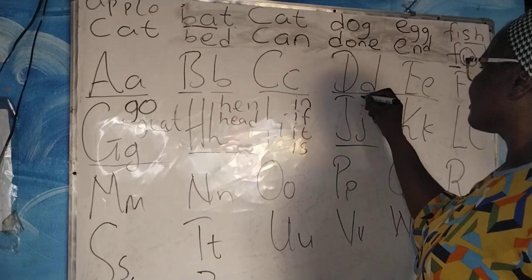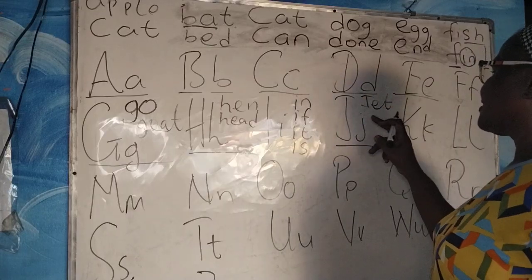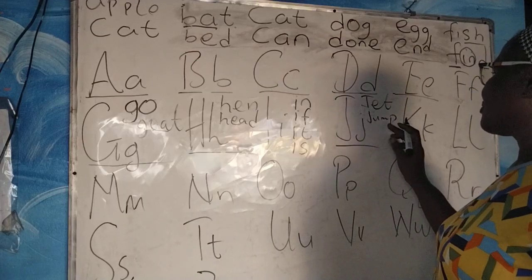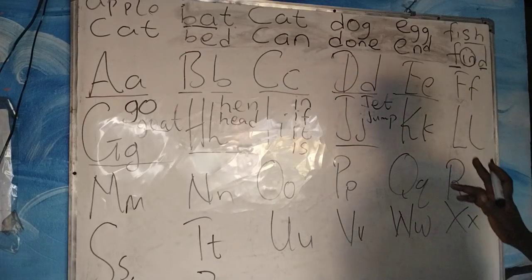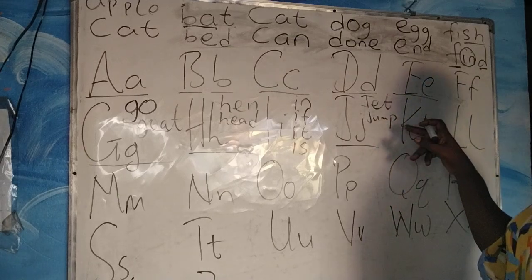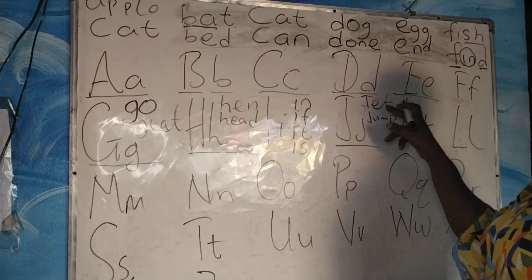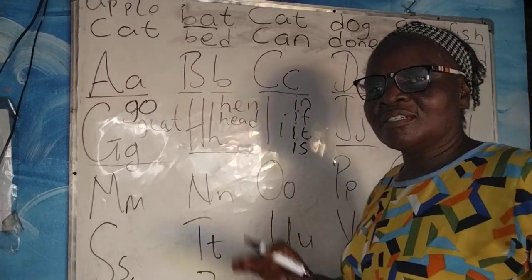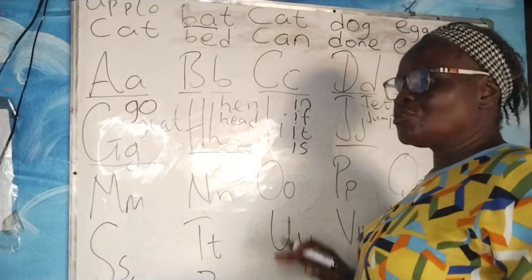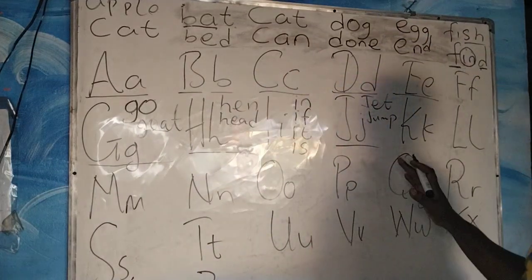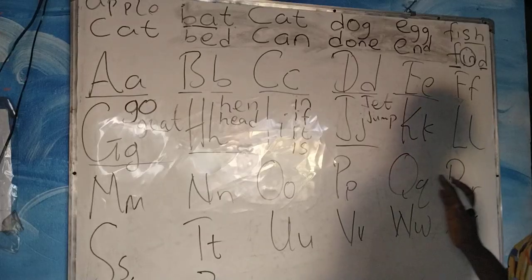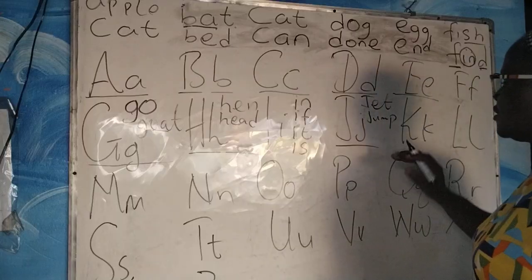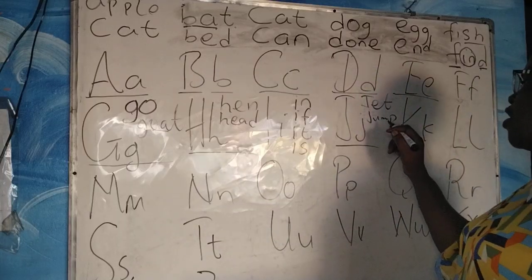The first letter in these words is J. That's the sound. So you start with J, jet, J-O-P, jump.